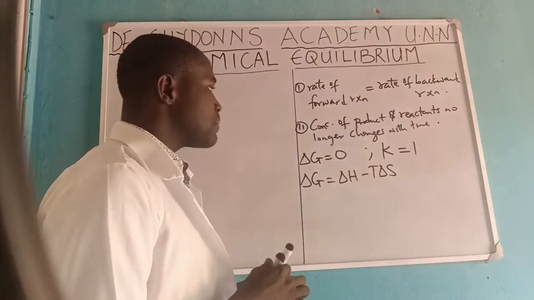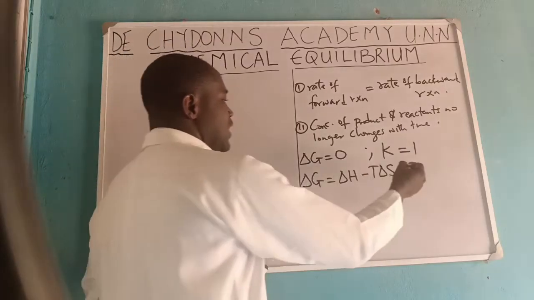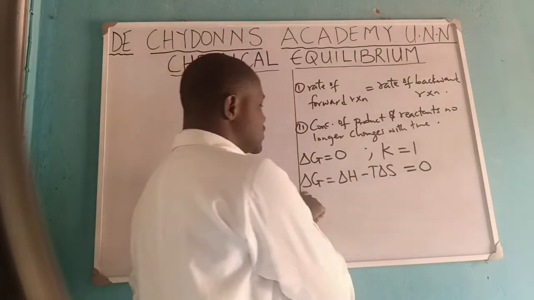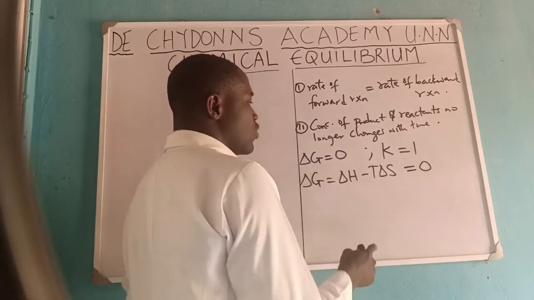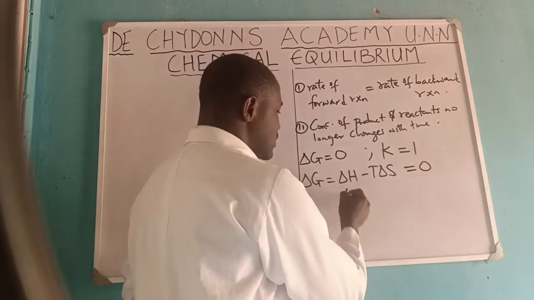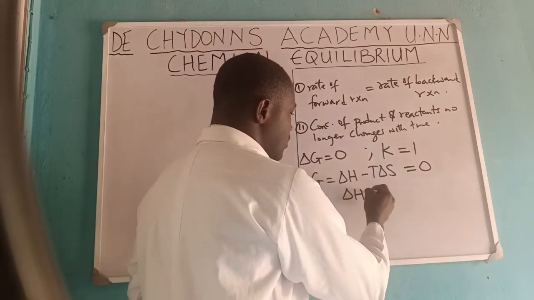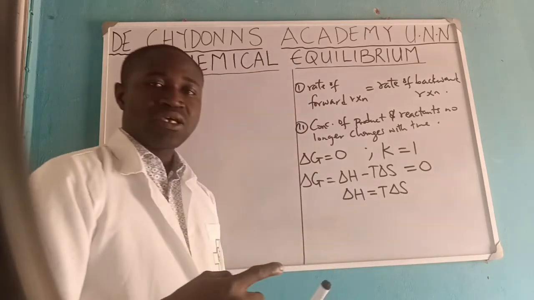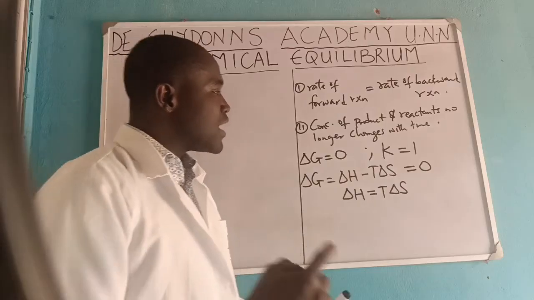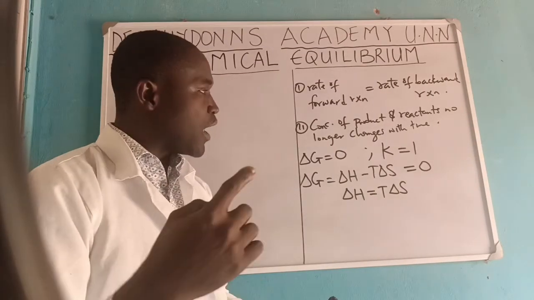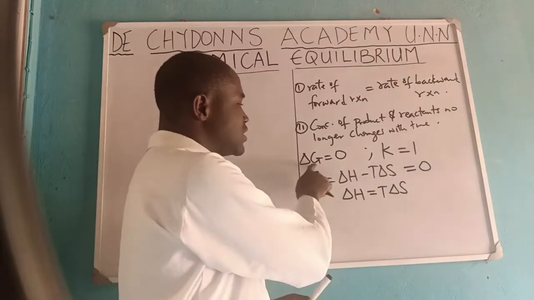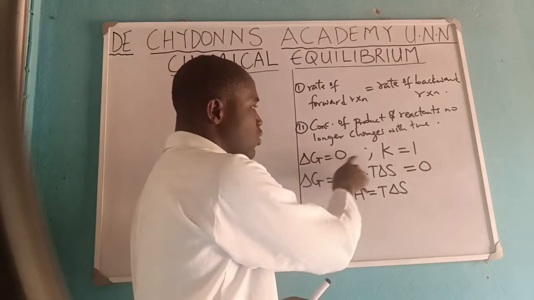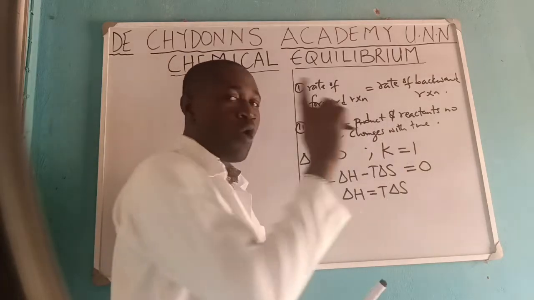That is, we're talking about the degree of the disorderliness of the reaction. Are you getting it? Now, when this change in G is equal to 0, we can say that change in H is equal to T change in S. That means for a reaction to be in equilibrium, change in G must be equal to 0, and K equal to unity or 1.